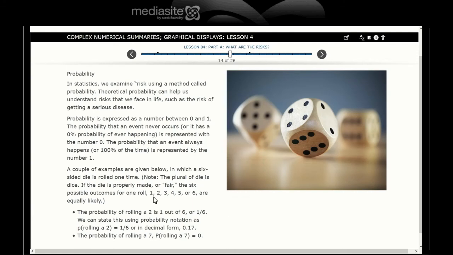So let's say P of A, the probability of event A. What's event A? Event A is what's the chance of the sun rising in the east? What's the probability of rolling a 1 on a pair of dice? What's the probability of Thanksgiving occurring on December 25th, and so forth?